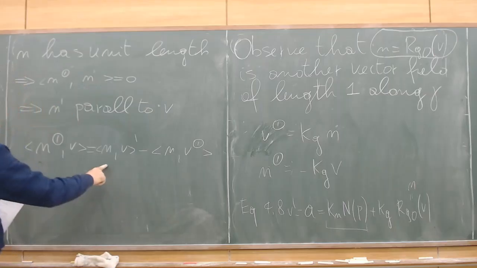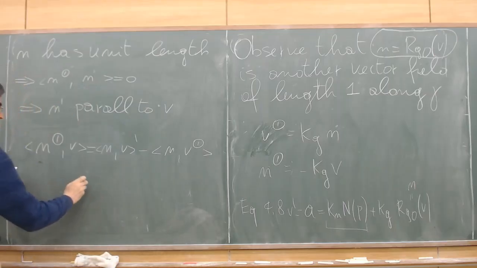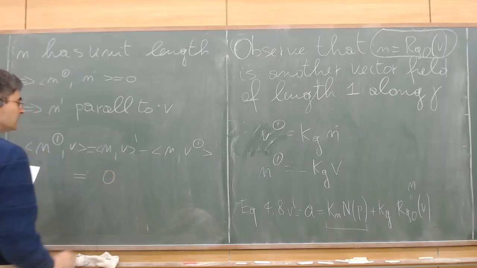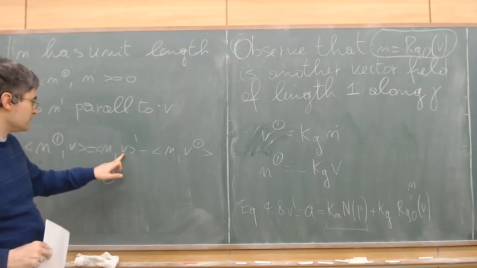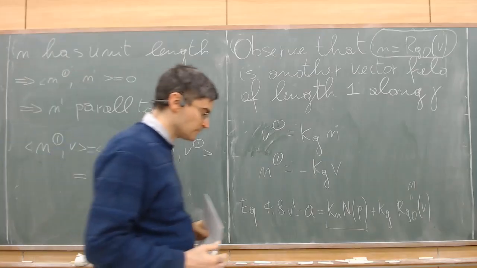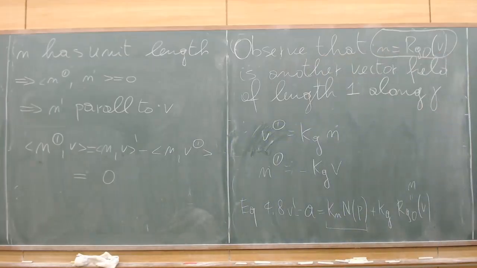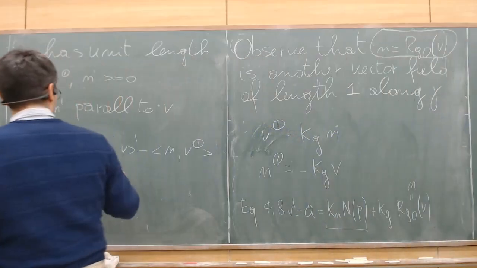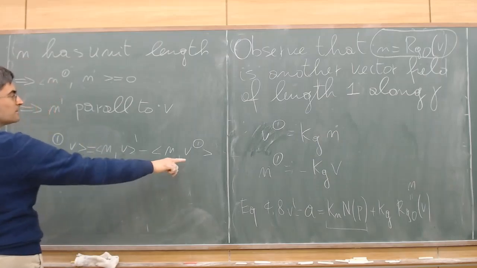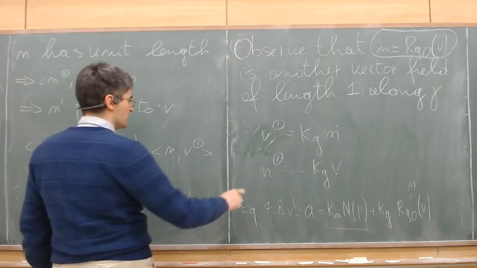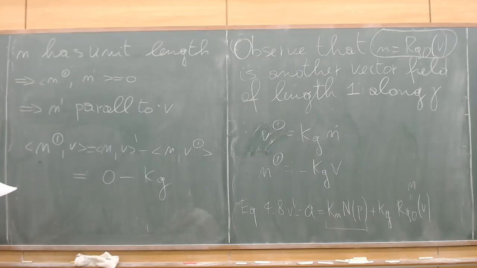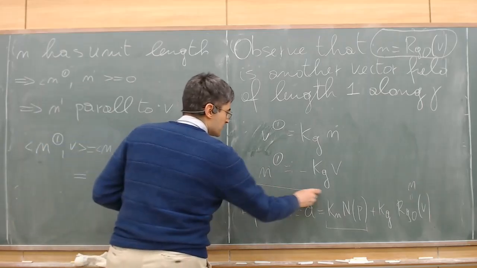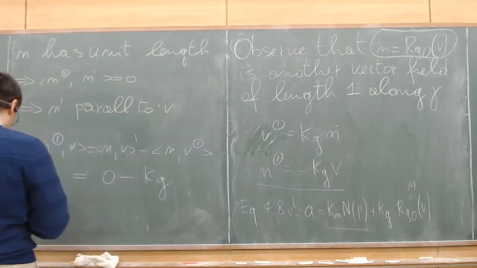We proved this formula before, and this is equal to 0 because they are orthogonal, and the value of this product follows from this formula here, and it is equal to Kg. And this is the proof of this formula.